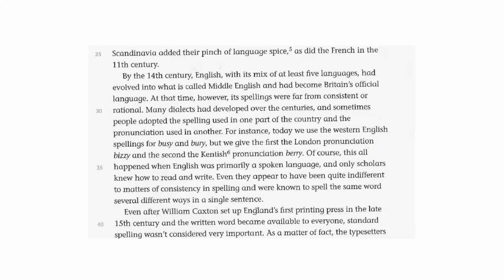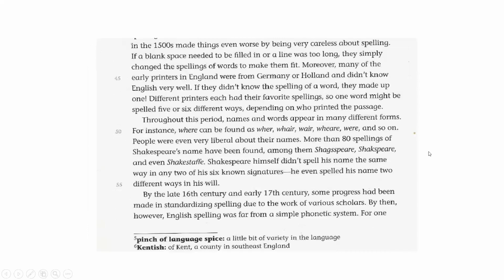As a matter of fact, the typesetters in the 1500s made things even worse by being very careless about spelling. The typesetters are the ones that do the final printing part with the ink, and they didn't even care. If a blank space needed to be filled in or a line was too long, they simply changed the spellings of the words to make them fit. Jesus Christ.